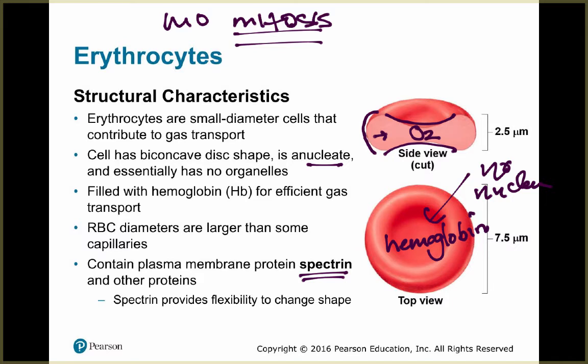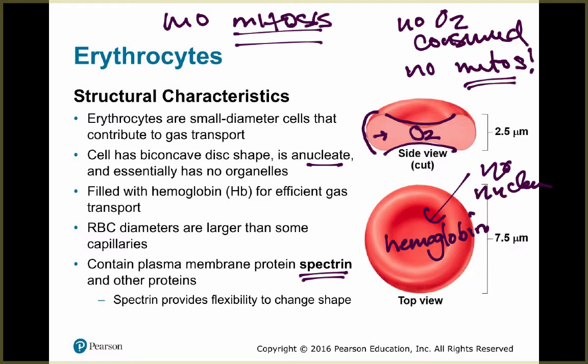And basically, none of the oxygen is consumed because there's no mitochondria. So they're really efficient being able to grab the oxygen because they're tiny and they have a large surface area but a very small volume.